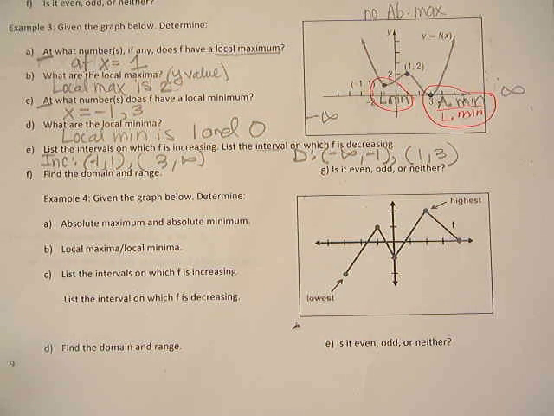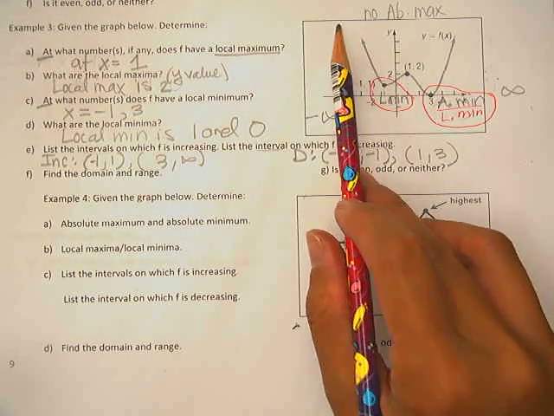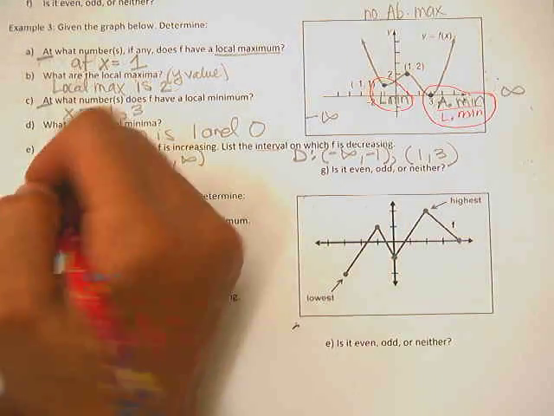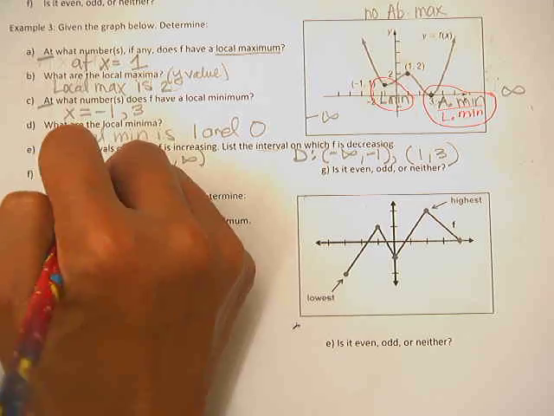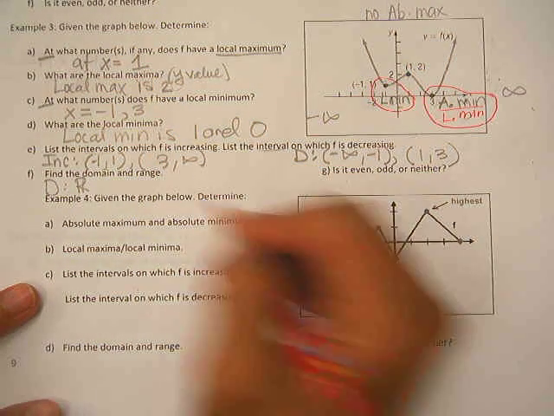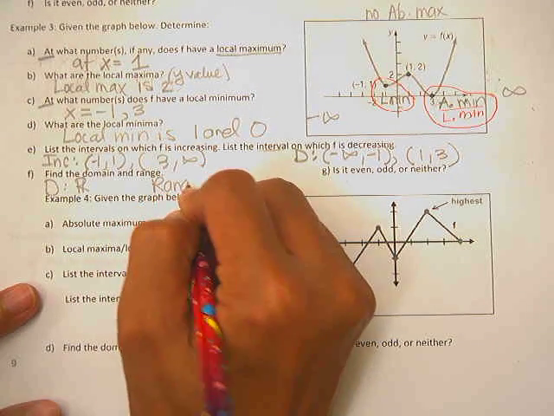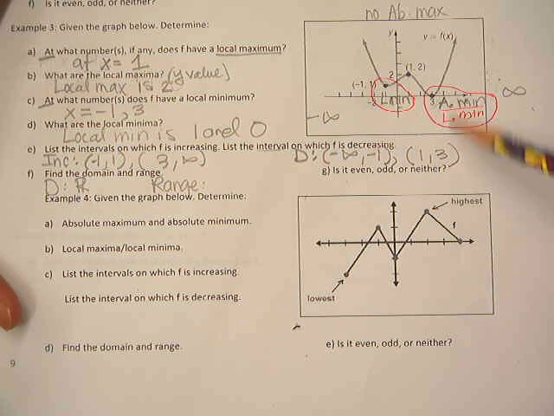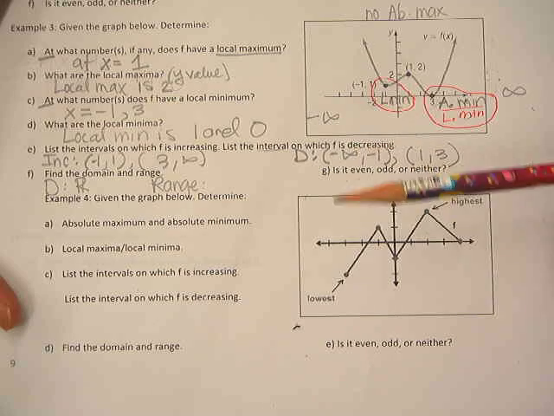Then the last piece, F, is to find the domain and range. Because we do have arrows that are going to go up and out, the domain is going to be all real numbers. So the domain, all real numbers, old school. Then the range, okay. The range is not going to be all real numbers because there's no arrows going down. But we do have the smallest y value.